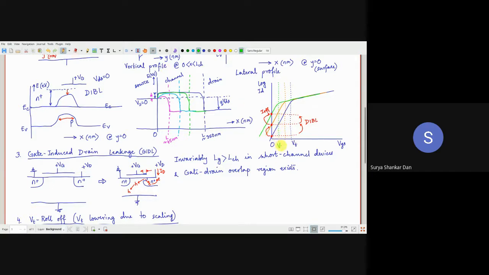So this is your VT. Previous VT was here. So now we understand this reduction of VT, when we are looking at the scaling theory, like short channel effect from the VGS axis, is called VT roll-off.